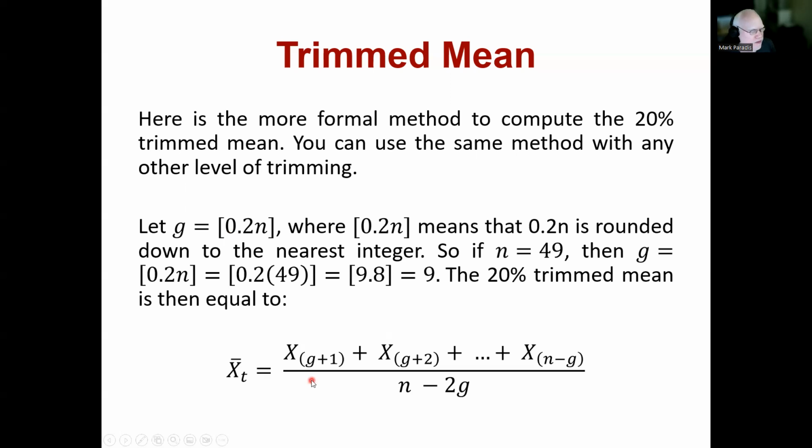In our tests, to keep things simpler, and because normally this isn't something you'd be doing by hand, this is something that statistical software would be doing for you. To keep things simpler, if I give you a trimmed mean on a quiz or on a test, I will always make it a simple one. Like, you'd be doing 10% of 10, or 20% of 10, or 10% of 20, or 20% of 20, where the math works out easily, right? 10% of 10 we know is 1, 10% of 20 we know is 2, and so on and so forth.